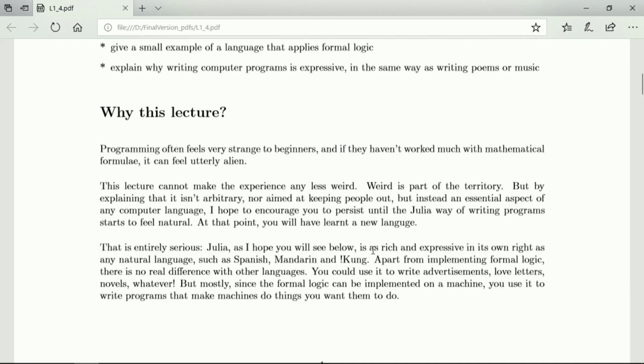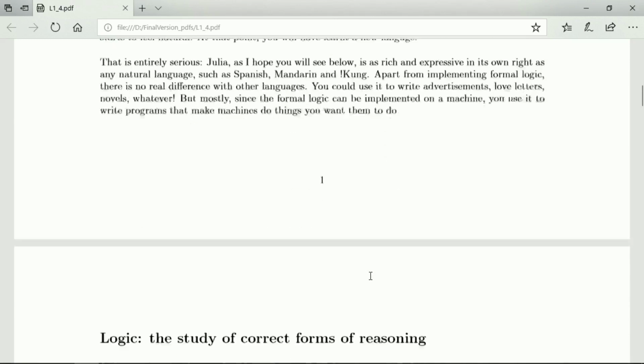You could write advertisements, love letters, whatever in Julia, but because formal logic can be implemented on a machine, you can use it to write programs that make machines do things that you want them to do. That's really what the possibility that formal logic creates.